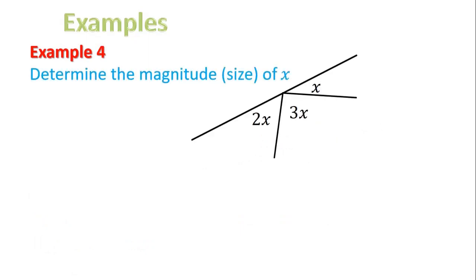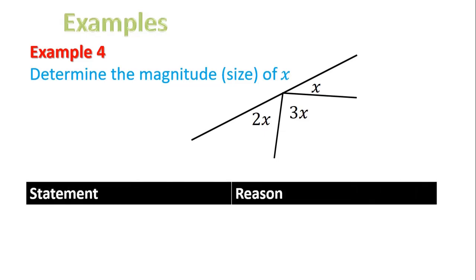Let's look at our final example, example 4, and here we introduce a bit of algebra. Determine the magnitude or the size of x. Let's put our structure down, our statement and reason. Now we look for a straight line, and there it is. Now I know that if I add all my angles together that are on a straight line, they're going to equal 180 degrees.